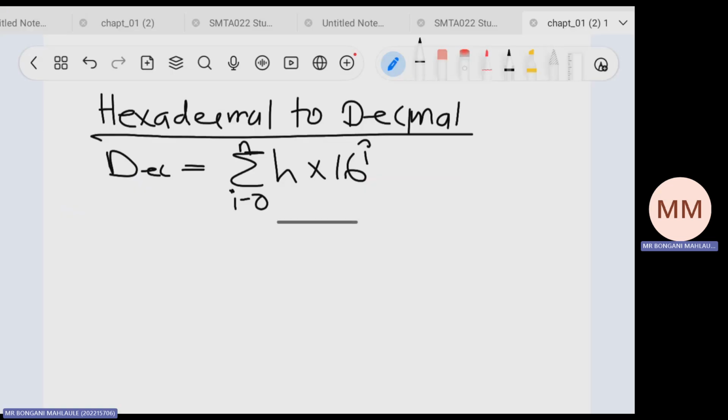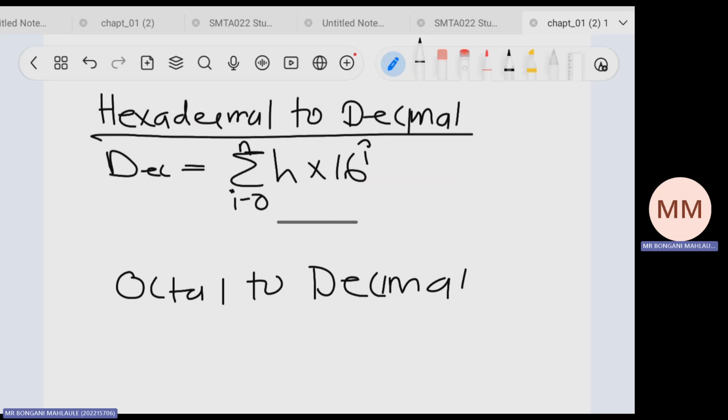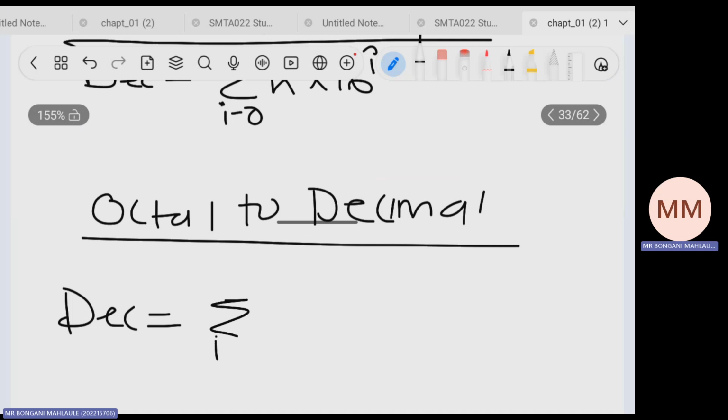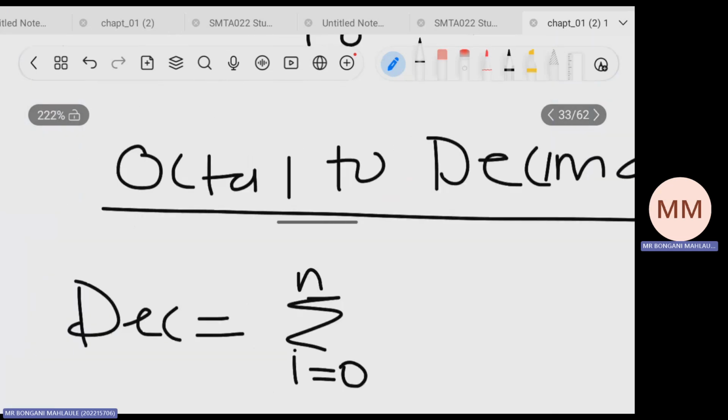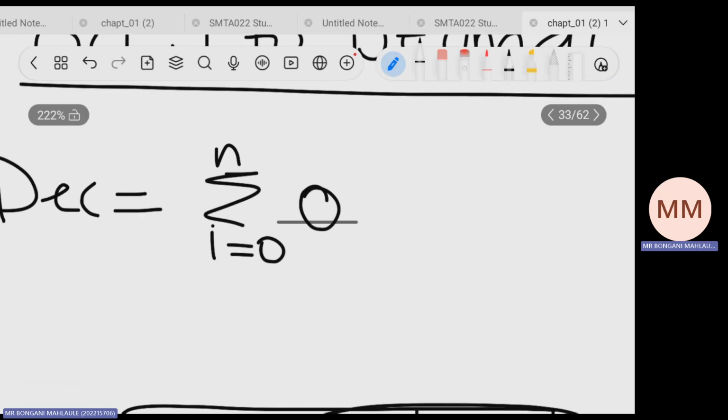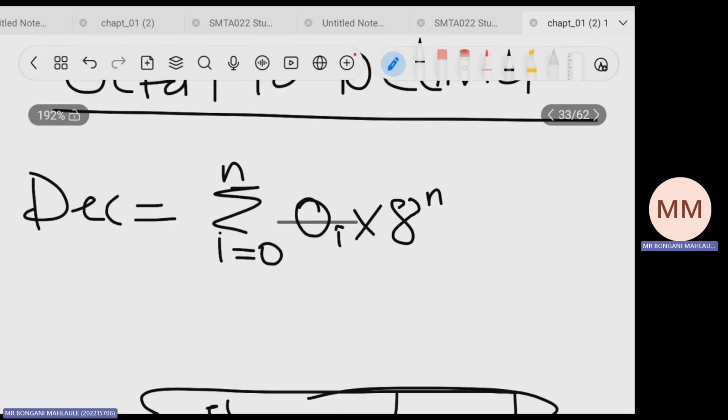I want to now do the one from octal to decimal. From octal to decimal, so your decimal value will be the sum for i equal to 0 to n of the octal value times 8 to exponent i.